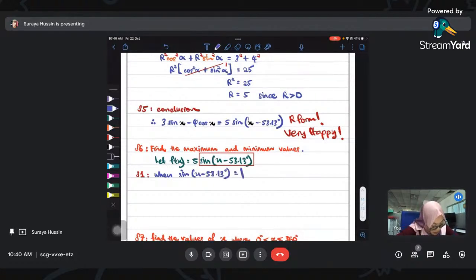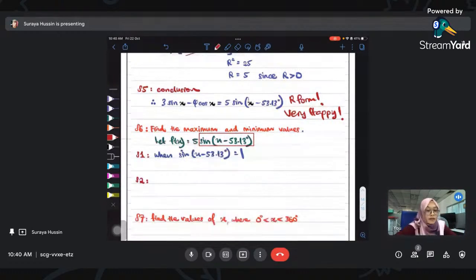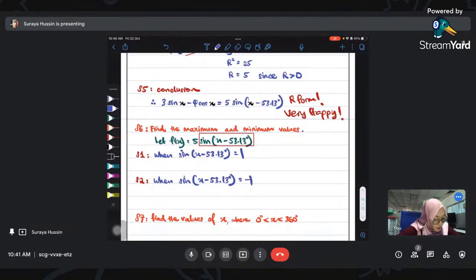Statement number 2, meaning the second step, when sin x minus 53.13 degrees equals negative 1. So you already have two statements. The first statement must equal 1. The second statement must equal negative 1.